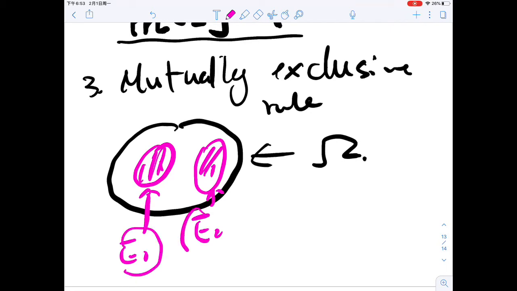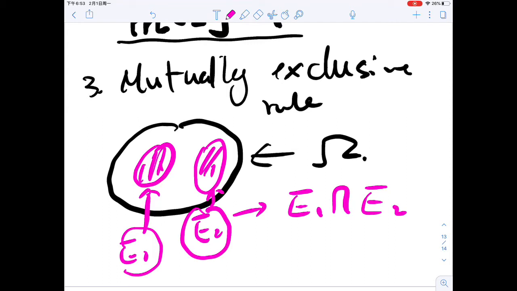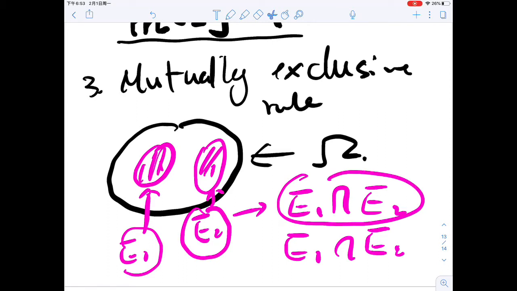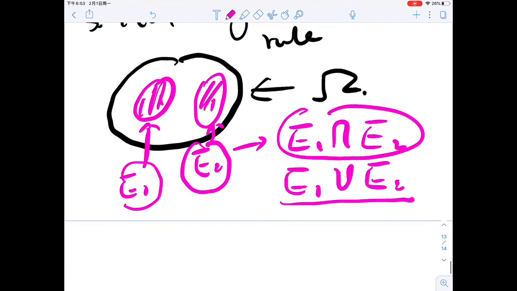When E1 and E2 are subsets, we can talk about the intersection of the events, and we can talk about the union of the events. Those are really just set operations. So this is the intersection of the events, and this is the union of the events.